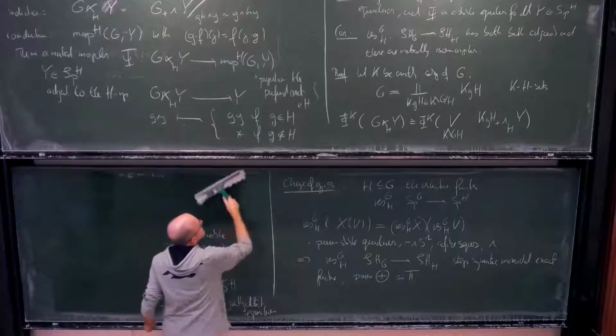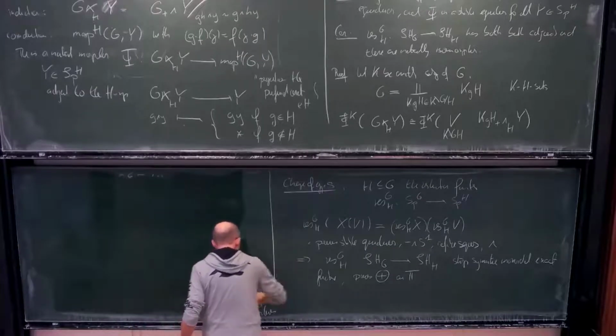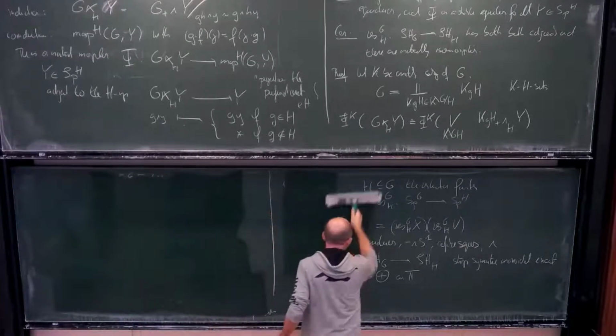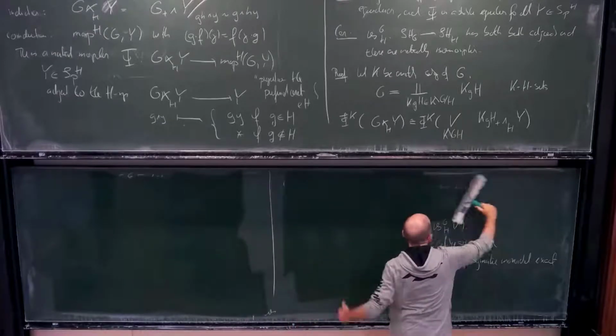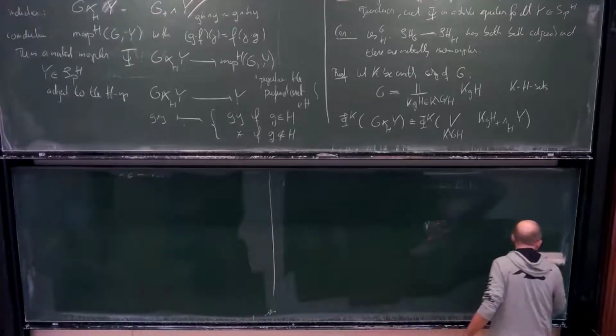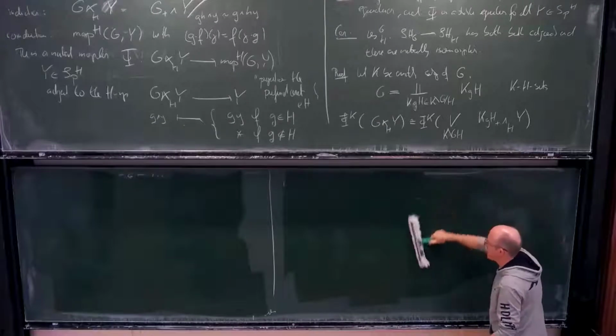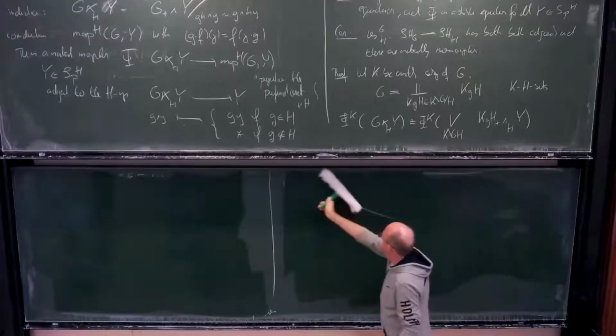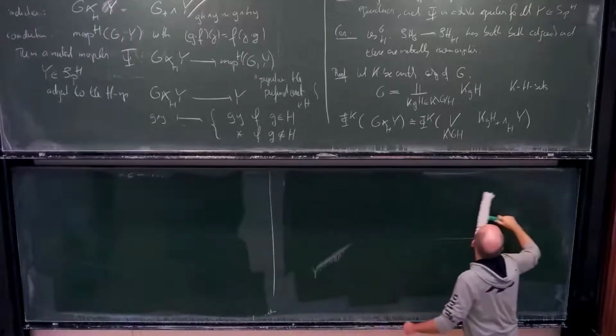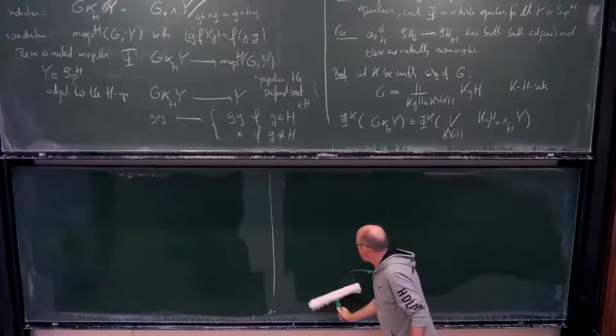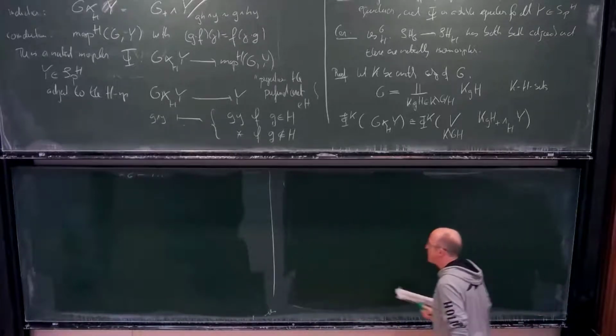So I'm not going to rewrite each individual summand, and I'm going to use that geometric fixed points, if you go back to what it was, you were taking fixed points at every level, so that commutes with all sorts of constructions, in particular with wedges. So I'm going to put the wedge outside of the geometric fixed points, and I'm going to rewrite each of the summands a little bit.